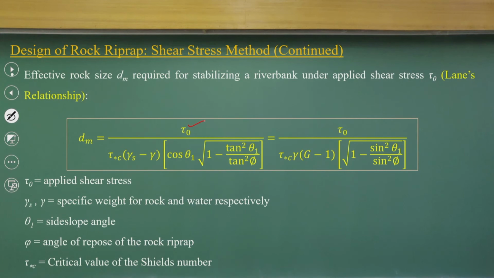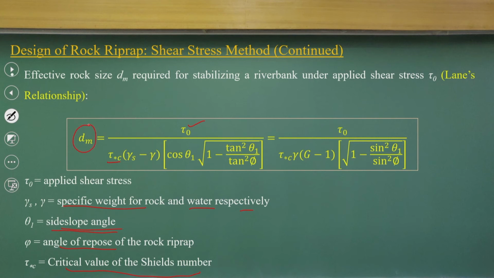As discussed earlier, you will have a shear stress, that is the critical value of the shear stress. You have the specific weight of the rock and water respectively, and you have an angle of repose and side slope angles. These are functions we already derived in particle stability analysis. The same concept we can use to compute what will be the d m size for that.